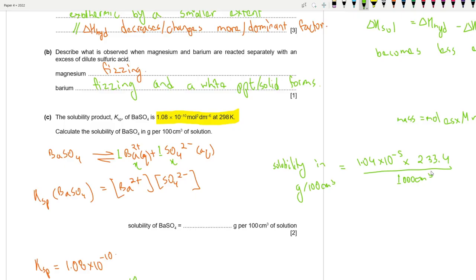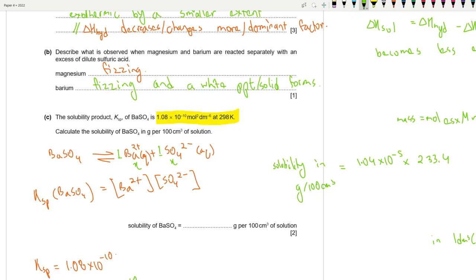So how to do that? The logic is, if in 1 dm cube, which is 1000 cm cube, we have this value.